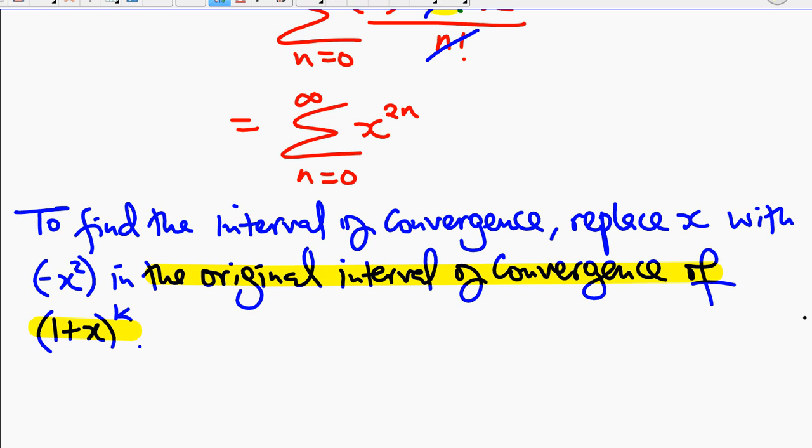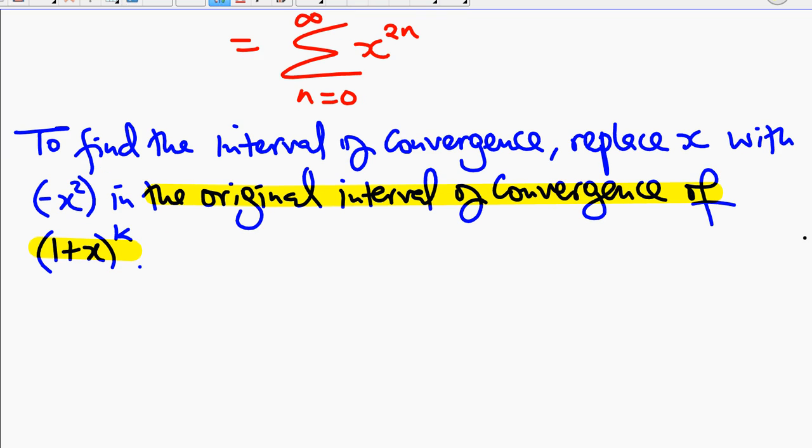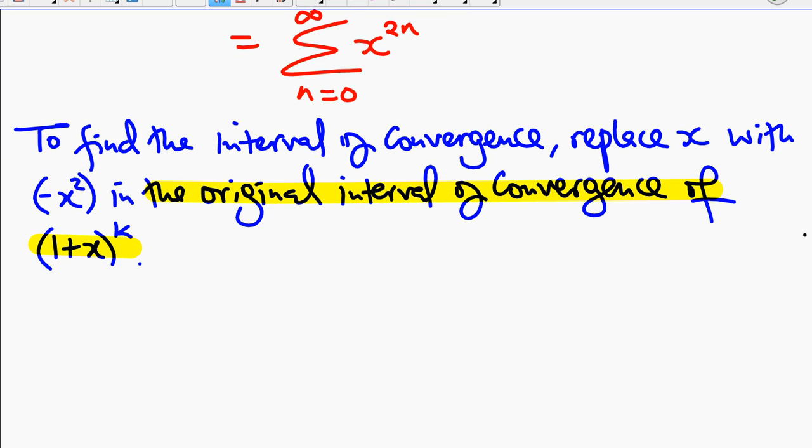In the previous video, that original interval of convergence was between negative 1 and 1.